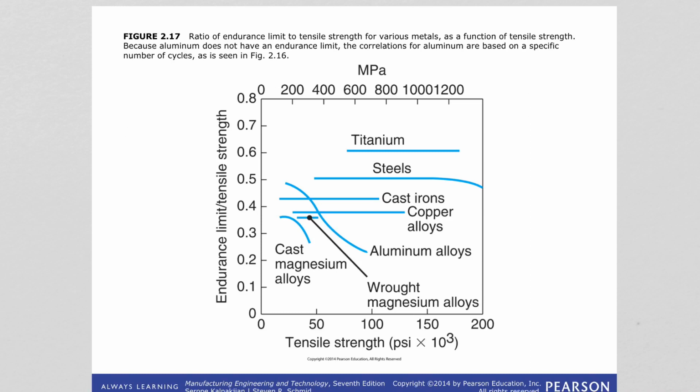The endurance limit for metals can be approximately related to their ultimate tensile strength. So in the y-axis we are seeing endurance limit per tensile strength. And for carbon steels, for example, this ratio is 0.5. So that means the endurance limit is about 0.5 times the tensile strength.